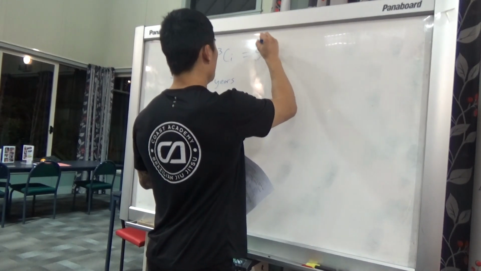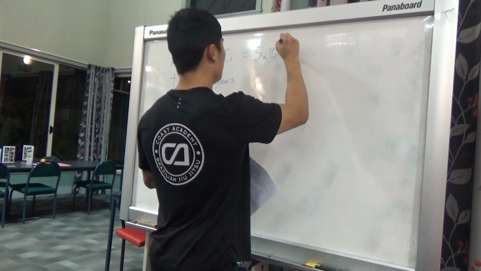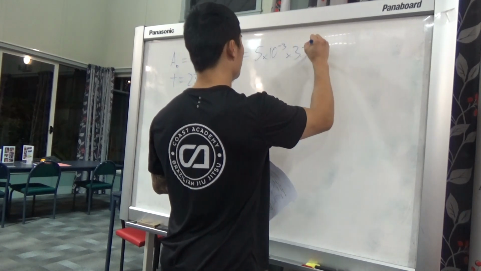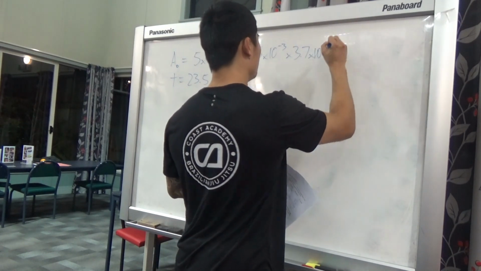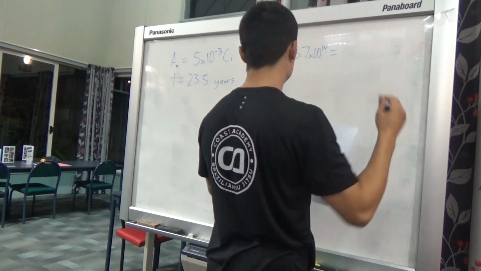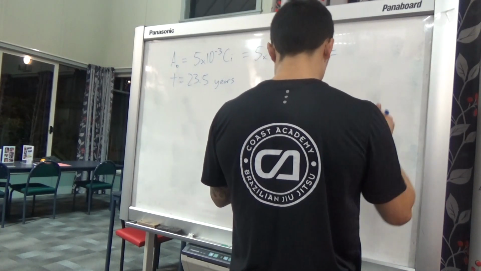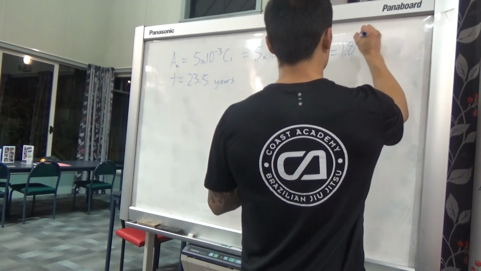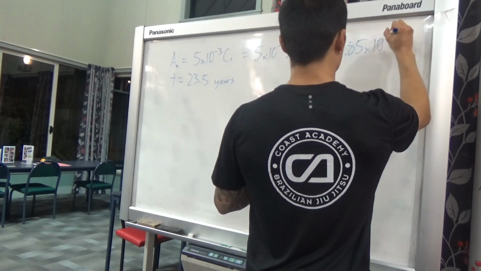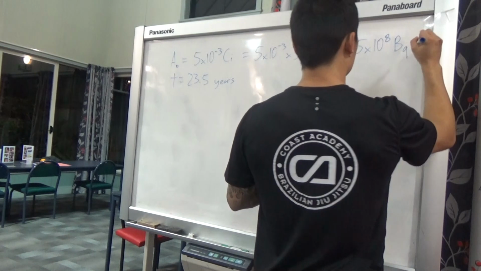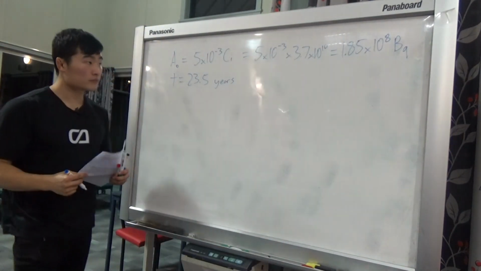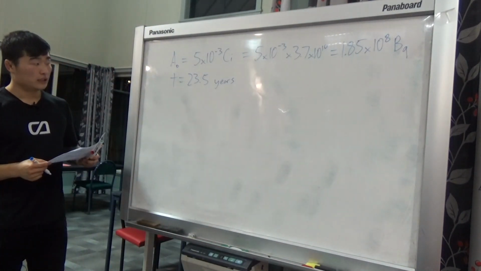So 5 times 10 to the negative 3 times 3.7 times 10 to the 10. So that's 1.85 times 10 to the power of 8 becquerels.